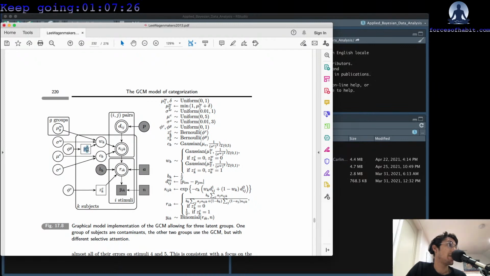And then this would represent the probability of being part of any group, which we specify as a uniform distribution. So it can be 0 to 1, and so 1 is going to be one group, 0 will be the other group.